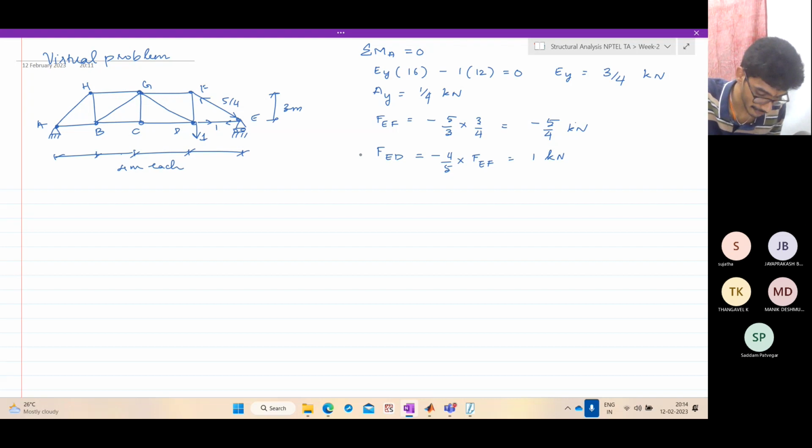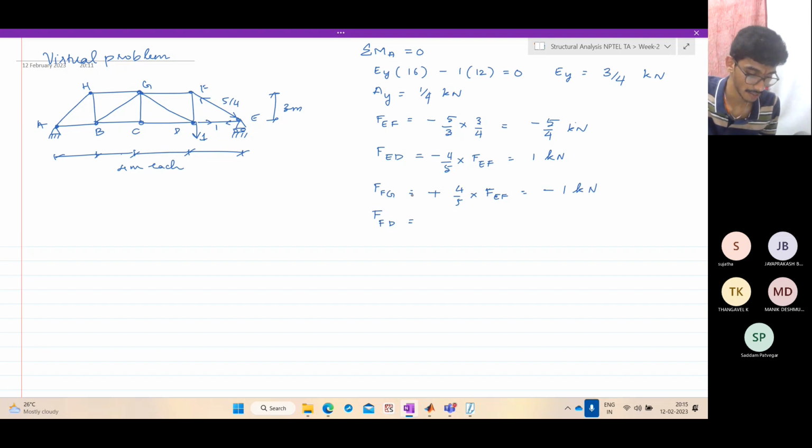Coming to point F, so at joint F, FFG is equal to minus, so it is horizontal. Horizontal is 4 minus 4 by 5 of, just check, it is plus 4 by 5 of FEF, which is minus 1 kilonewton. And FFD is, so this is upwards, so this should be downwards.